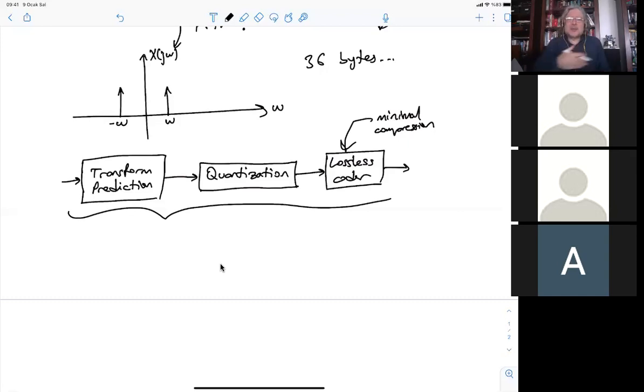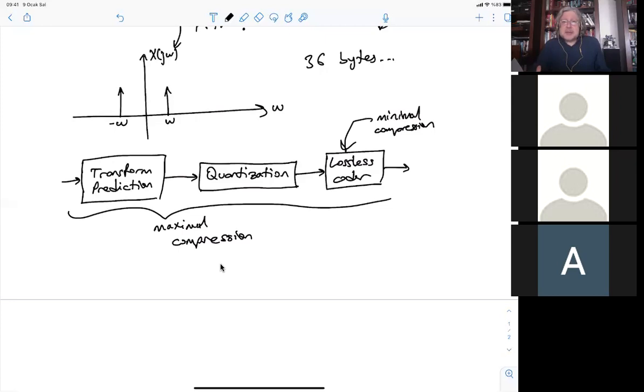If you go smaller and smaller, the compressibility reduces because the transform and prediction efficiency is usually reduced with reduced size. If the size increases, the transform and prediction efficiency becomes excellent. So this overall thing may really come up with some maximal compression. So this is the overall thing.